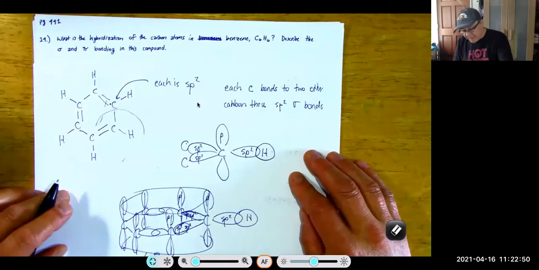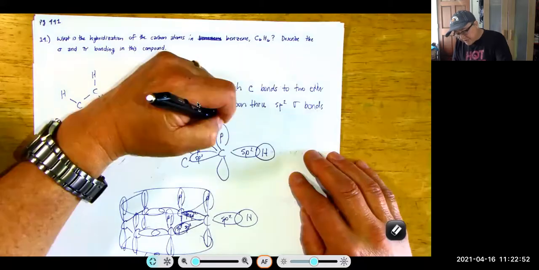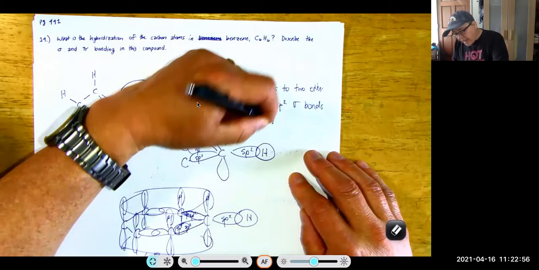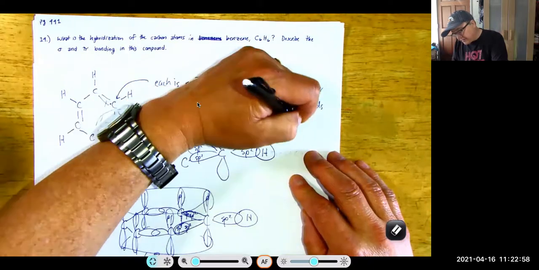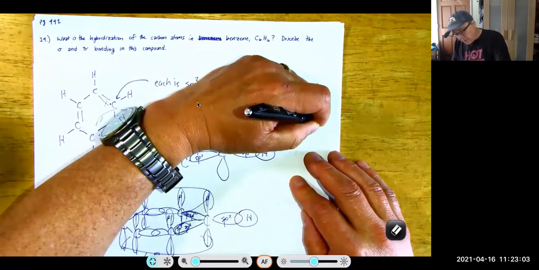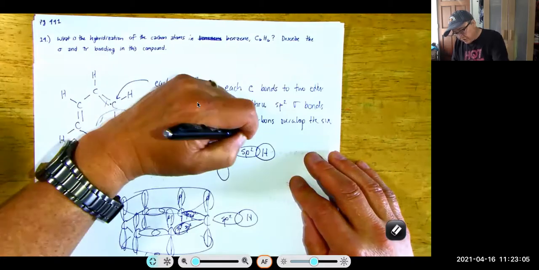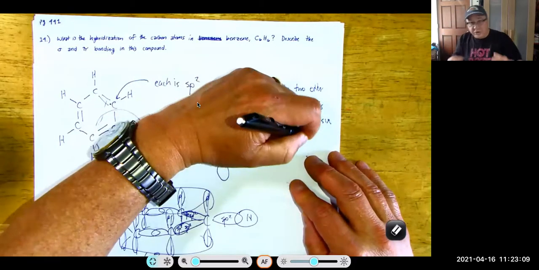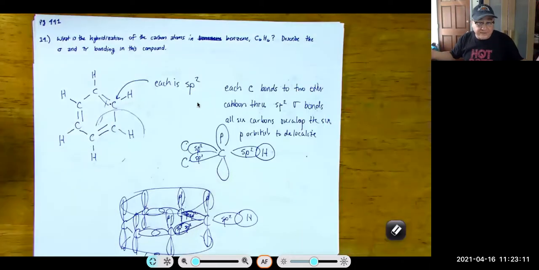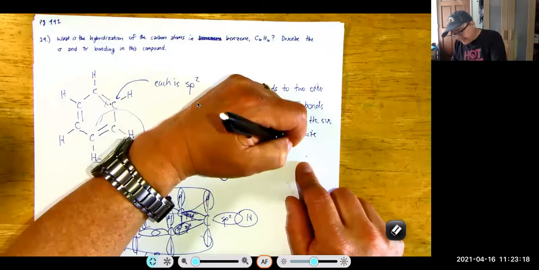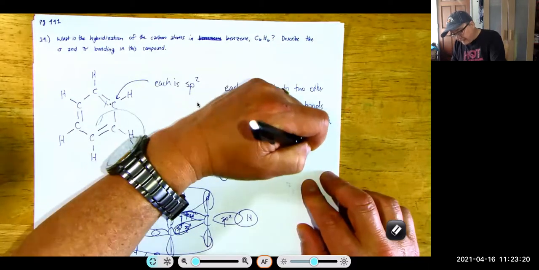Yeah. And then all 6 carbons overlap these 6 p orbitals to delocalize. So delocalize is the word used to spread out, delocalize the 6 pi electrons.